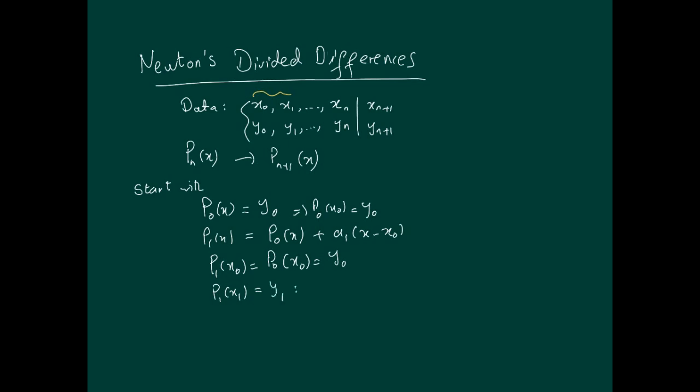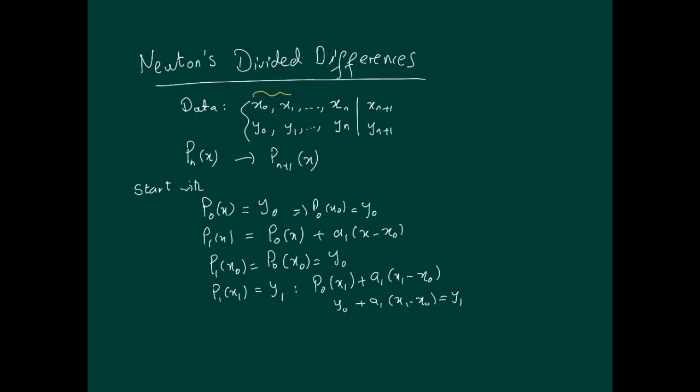Let's have a look at what happens when we substitute this point in. So we have P0 of x1 plus a1 times x1 minus x0. Now remember, P0 of x1 is just going to be y0 because it's a constant function. So we end up with y0 plus a1 times x1 minus x0 should be equal to y1.